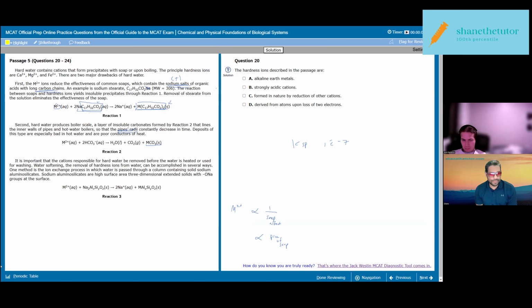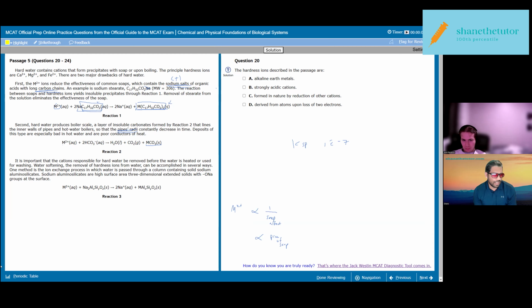Water softening, the removal of hardness ions from water, can be accomplished in several ways. One method is the ion exchange process, in which water is passed through a column containing solid sodium aluminosilicates. These are high surface area three-dimensional extended solids with ONa groups on the surface. So they'll likely ask you something about chromatography.